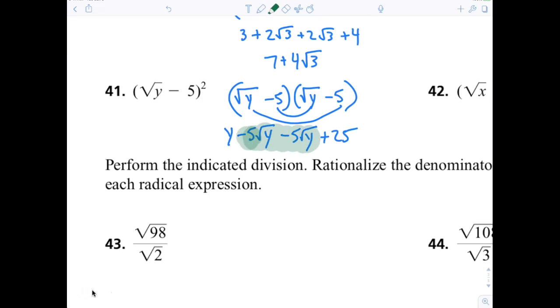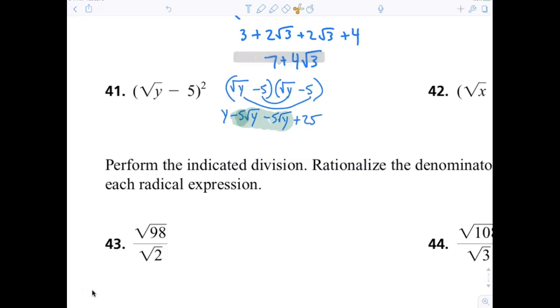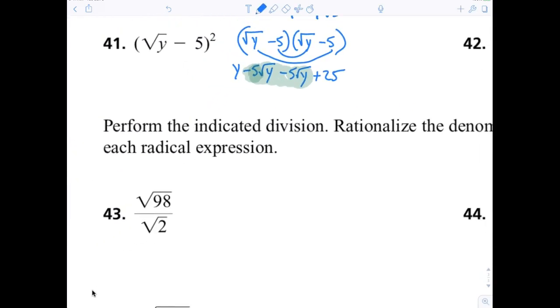The middle terms, right? So that becomes... Is everybody agreeing? That's not hard. Anybody have any issues? If you can multiply the binomials together, you know what we were doing a month ago, this is the same rule, same pattern. Just following the rules of radicals now.